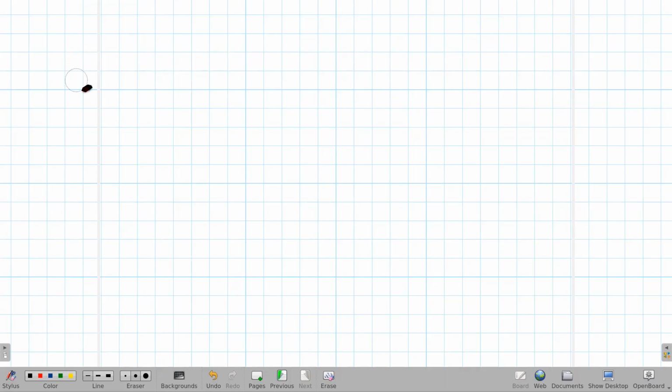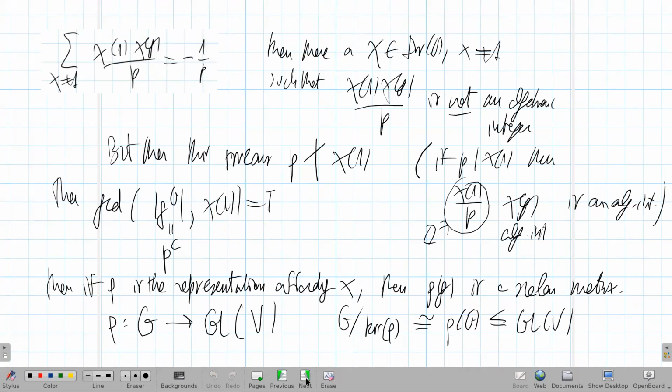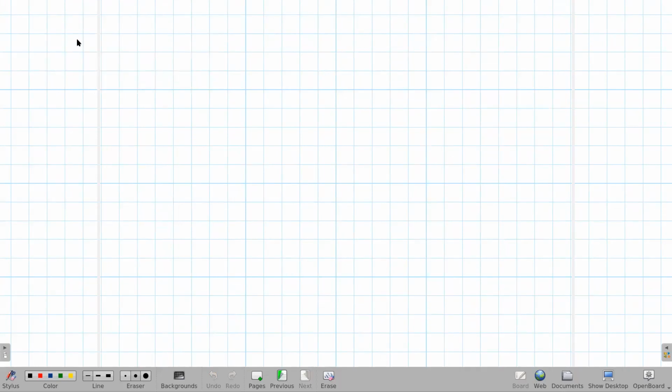Okay, moreover, okay, so we have this. Moreover, let's call N equal to the kernel of rho, which is different from G, because the only reducible representation that has kernel G is the trivial one, because chi is different from 1.